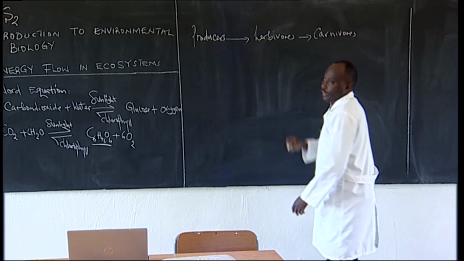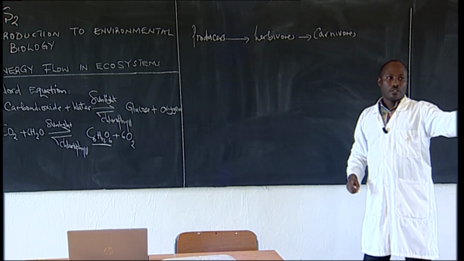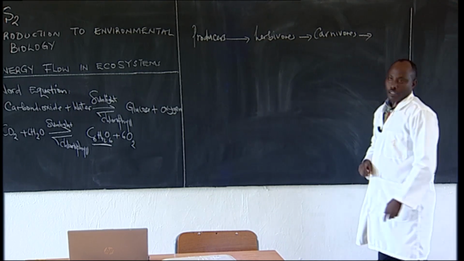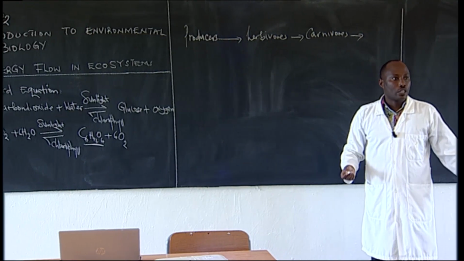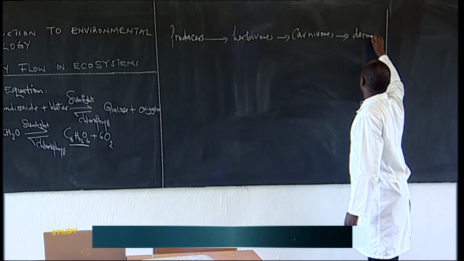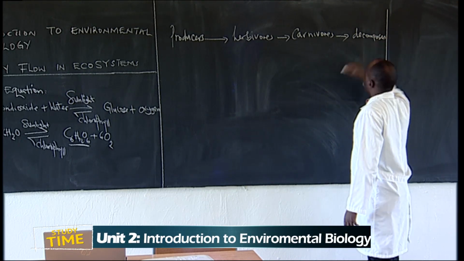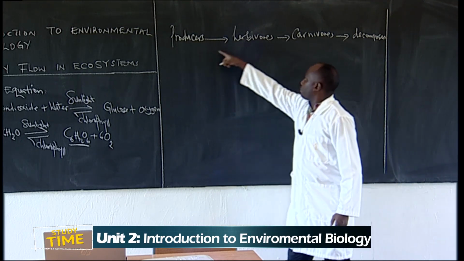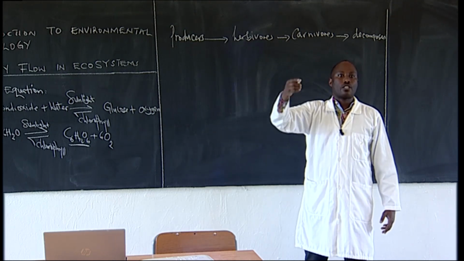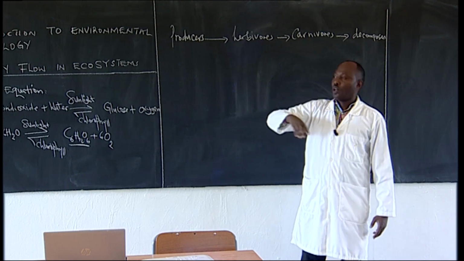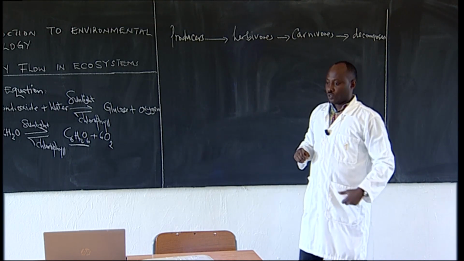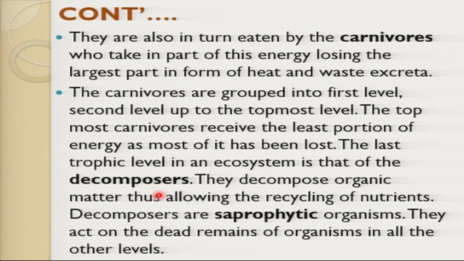Students, think about it and tell me. The carnivores are going to be eaten by the decomposers. Examples are saprophytes. Excellent. So, as you see from here, that shows energy flow, how energy is transferred from one organism to another organism. And when you reach the carnivores, the energy is going to get lost slowly.